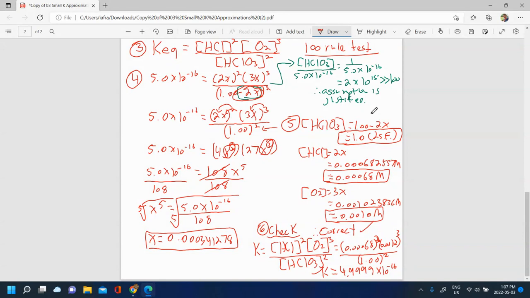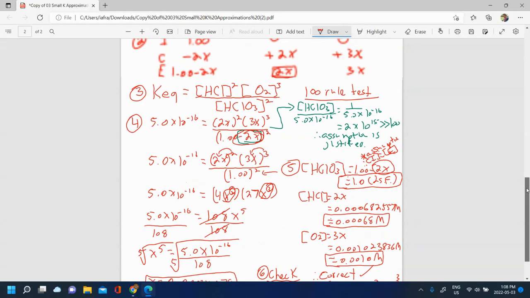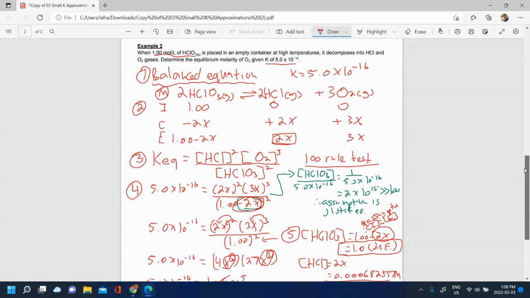So it's such a small change that is considered negligible compared to the initial concentration that was there, which is why we can just go with the initial concentration value instead of having to plug all that in, since we did our assumption. So since we made the assumption, the initial concentration is going to be roughly equal to the equilibrium concentration. And so that was a full example of using the 100 rule to justify our assumption.